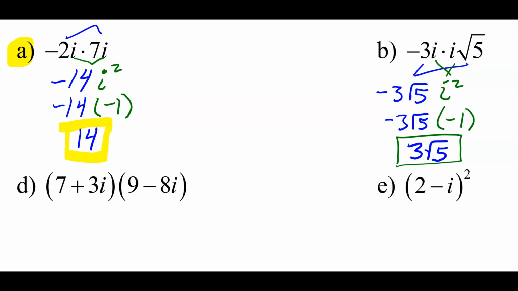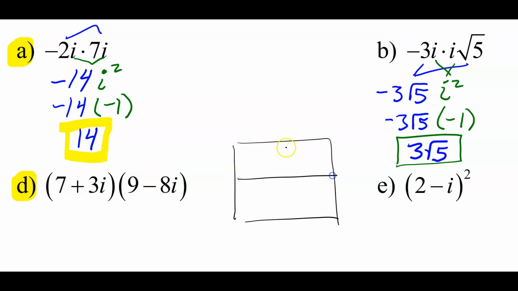On D, I'm multiplying 2 terms. Now this is a distribution set, or you can even do a box on this. Let's do a box on this one. So here's my box. First complex number down the side. This works just like regular distribution because we're treating i like a variable.